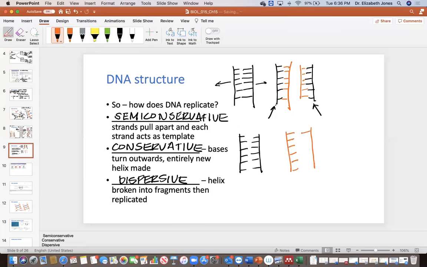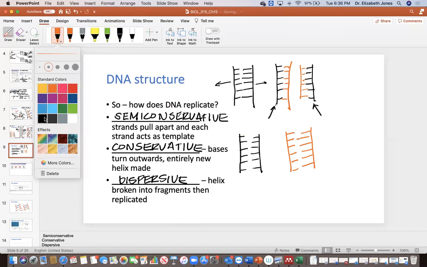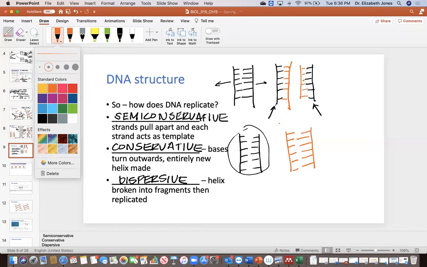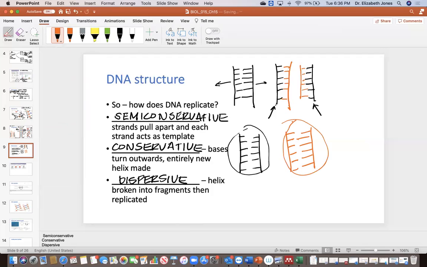And we weren't exactly clear on how we thought this might happen, although some folks suggested that somehow perhaps this molecule turned inside out so that these bases were kind of poking out and could be copied, okay? So you can see why this is called conservative, because here we have conserved our old molecule of DNA entirely, and then we've made an entirely new molecule of DNA here.